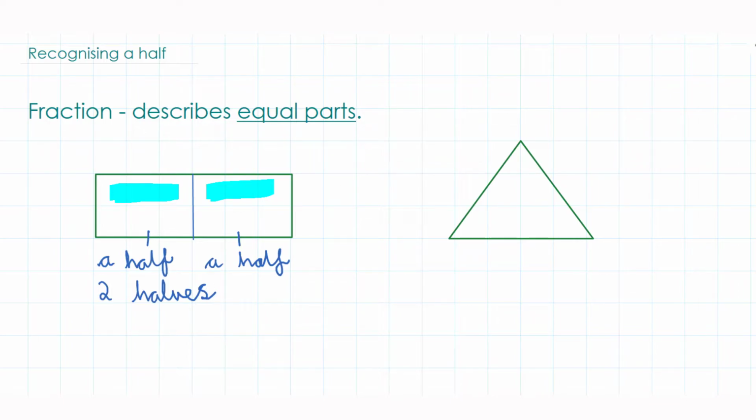What about over here with the triangle? Look carefully. What about this time? Have I split the triangle up into equal parts? What do you think? Yes, I have. How many equal parts have I split the whole into?